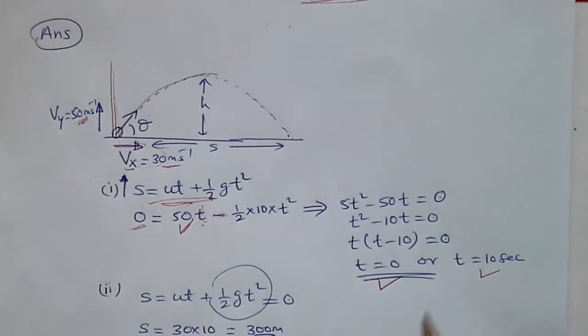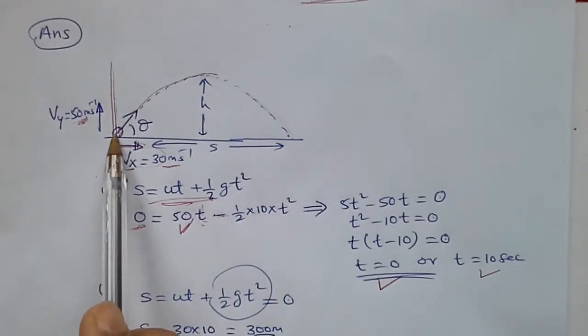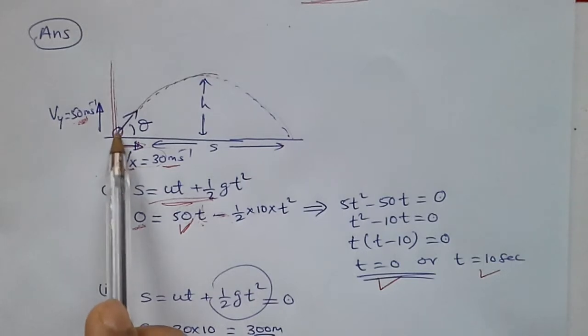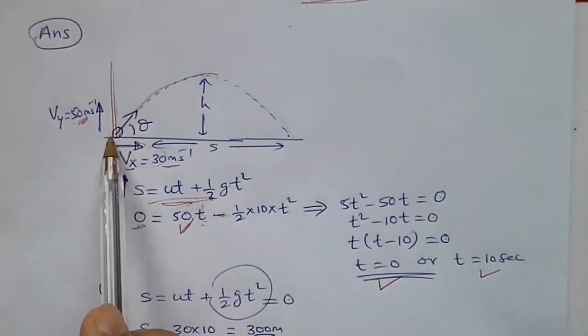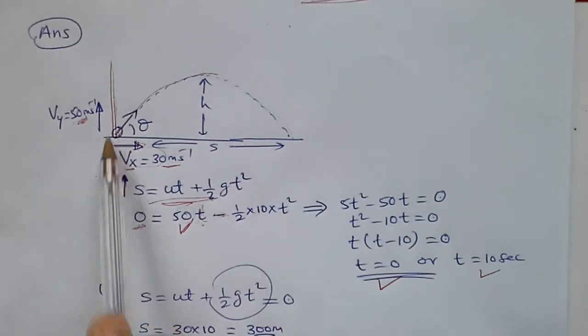So how do you explain these two different answers? t equals 0 implies you actually started to throw this stone at t equals 0, meaning at this point is the position of the stone.